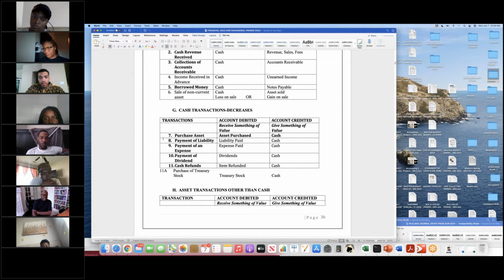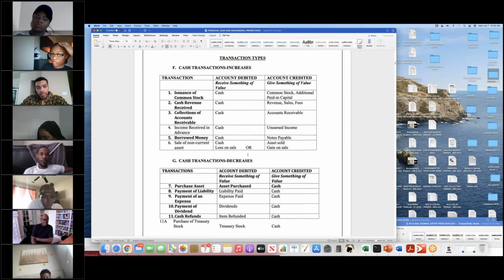If we pay out cash, we have transactions 7 through 11, where cash is being spent. Whenever cash is being spent, we credit cash, and we debit whatever asset was purchased, what liability was paid, what expense was paid, or what dividends were paid.